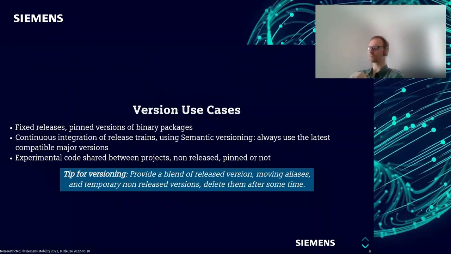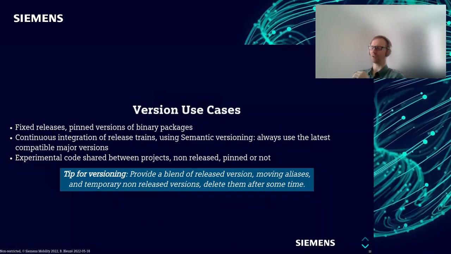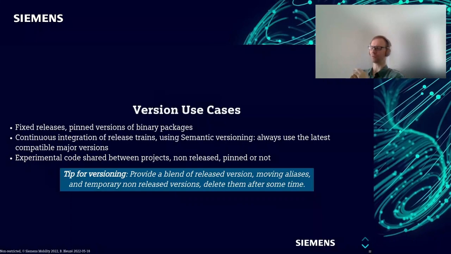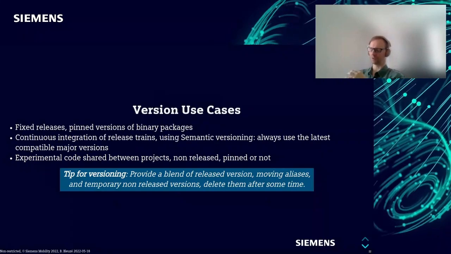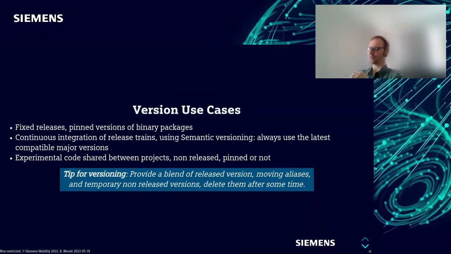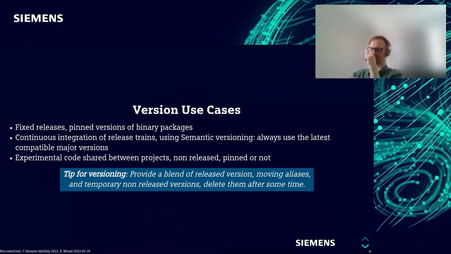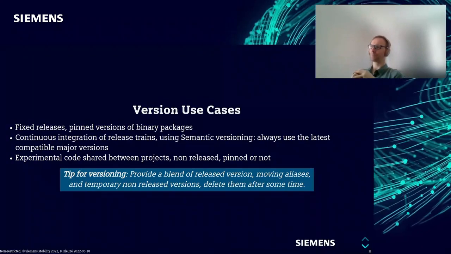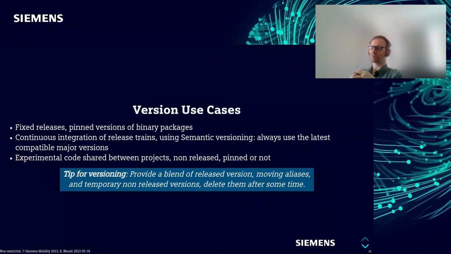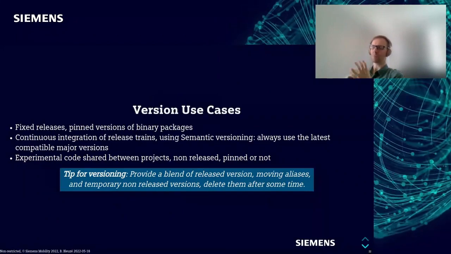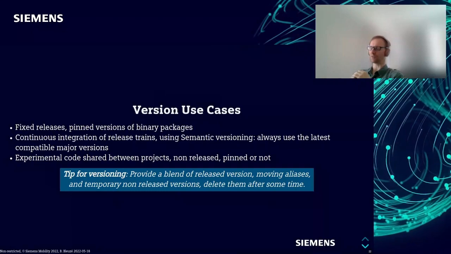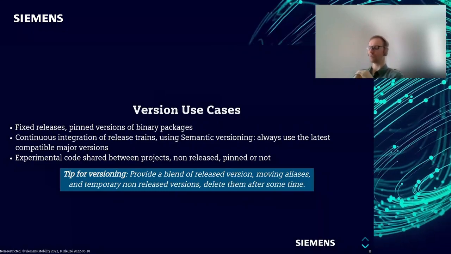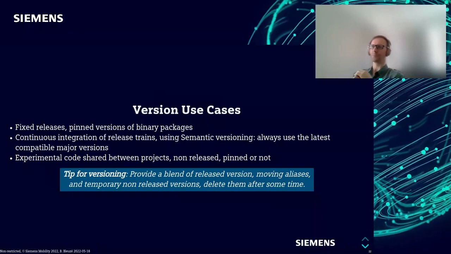So major versions break API and ABI, minor versions add to the API but do not break it for other dependencies, and your patch versions don't change the interface or the API. Right. And this is helpful when you want to inherit from some minor version, let's say, and never update your recipe and always get new dependencies as they come, right?